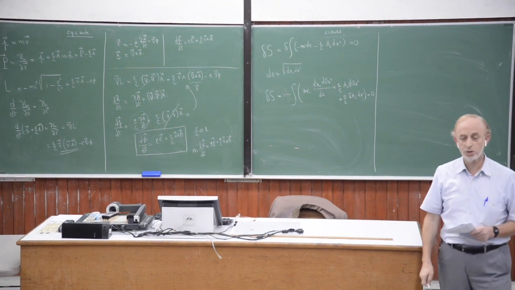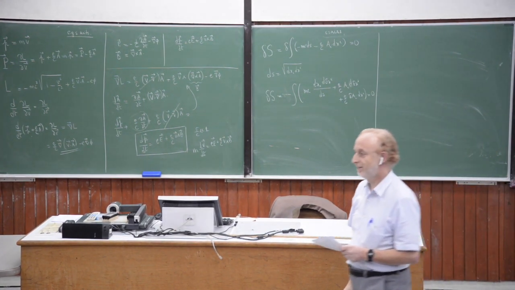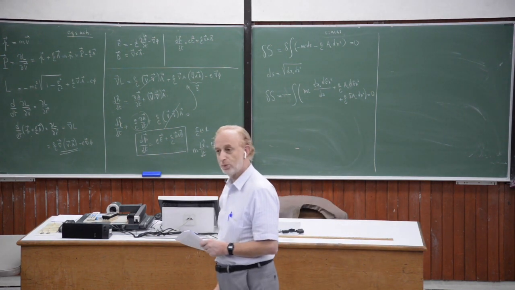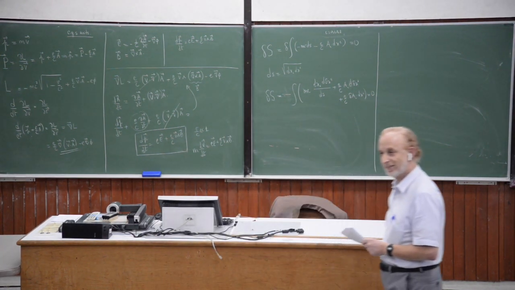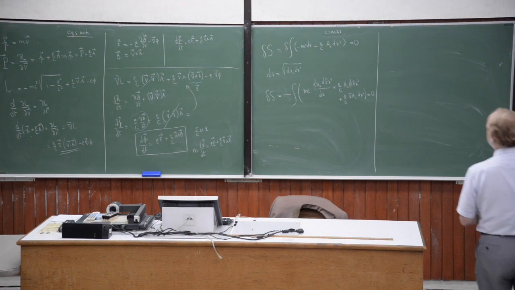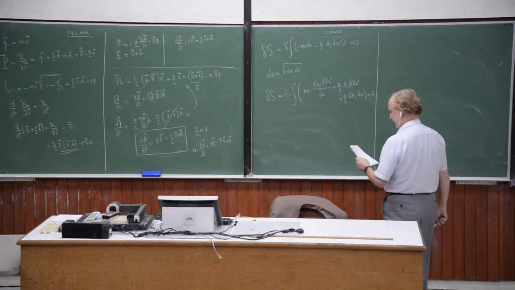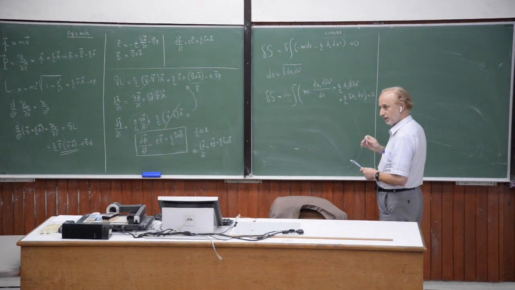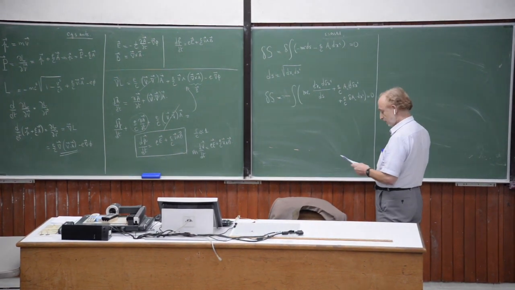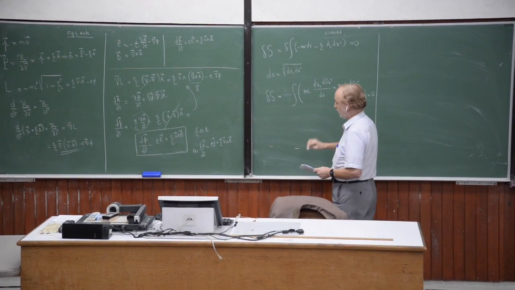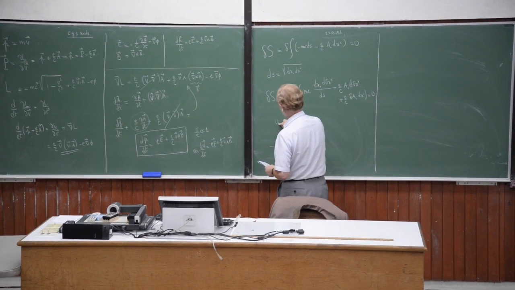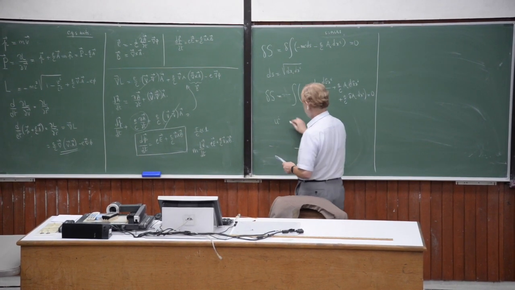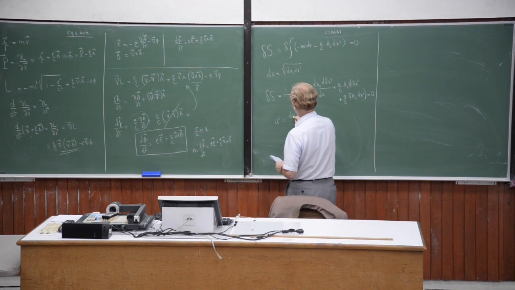Okay, everybody on board? More or less? Fine. I don't think I will skip the details, the algebra. And just write, let me define first. We define u^i, the 4-velocity vector, as dx^i/ds.